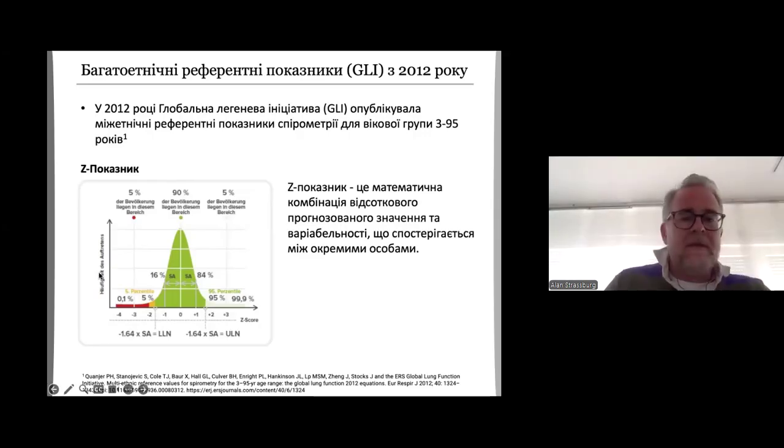And since 2012, we've also got a new method to compare the actual value with a reference value by using the Z-score, which is a mathematical combination of the percentage predicted value and the variability observed between individuals, which makes the function testing more accurate.